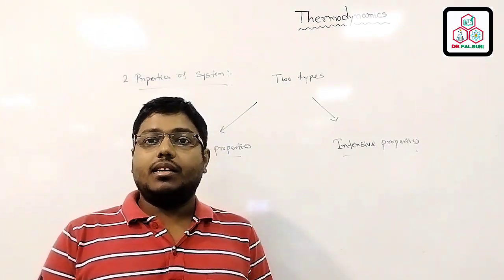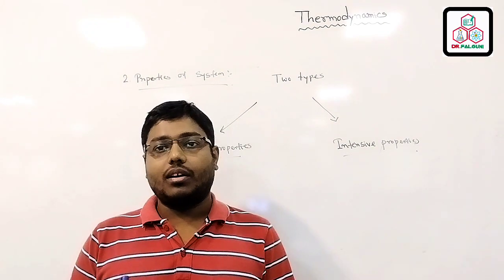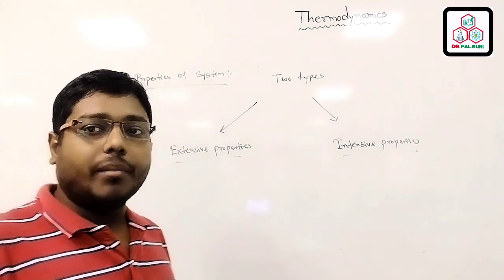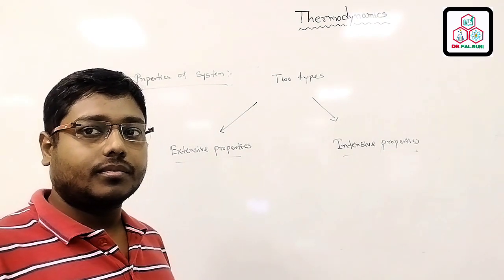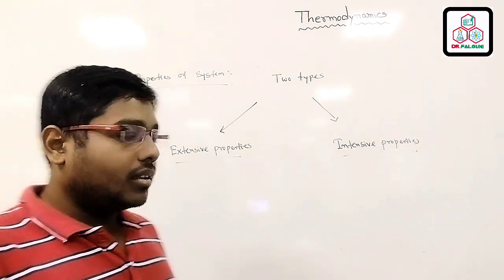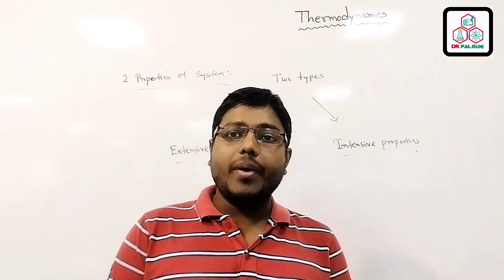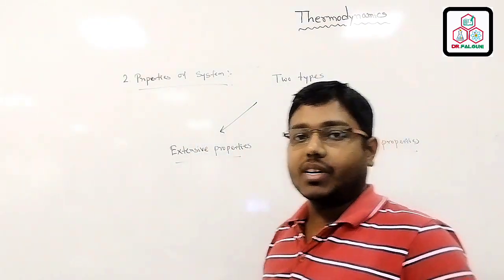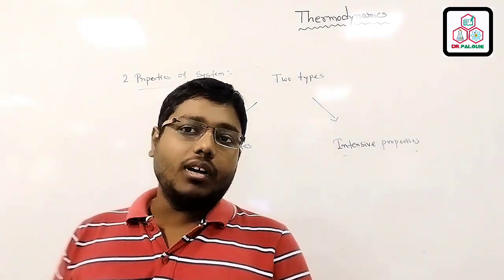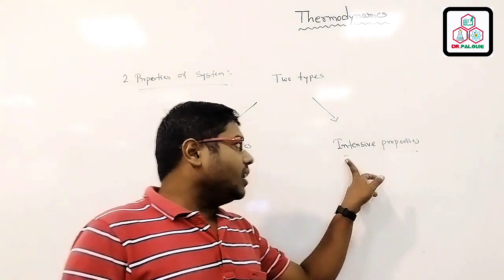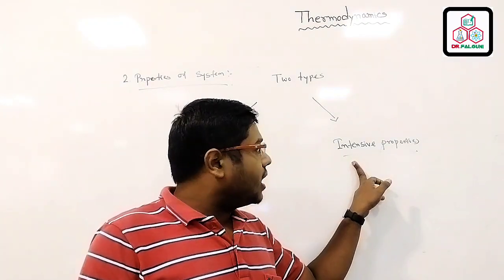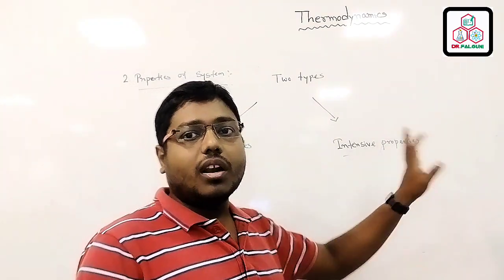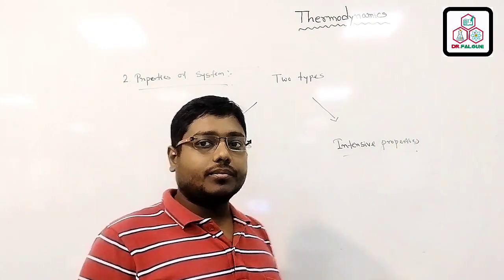The property that depends on the amount of the material, right? The property that depends on the amount of the material is called extensive property. The property which does not depend on the amount of the material is called intensive property.